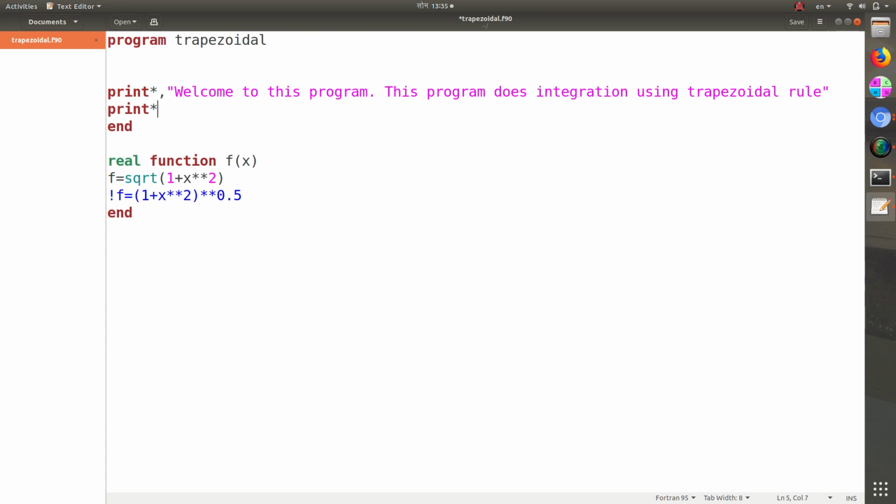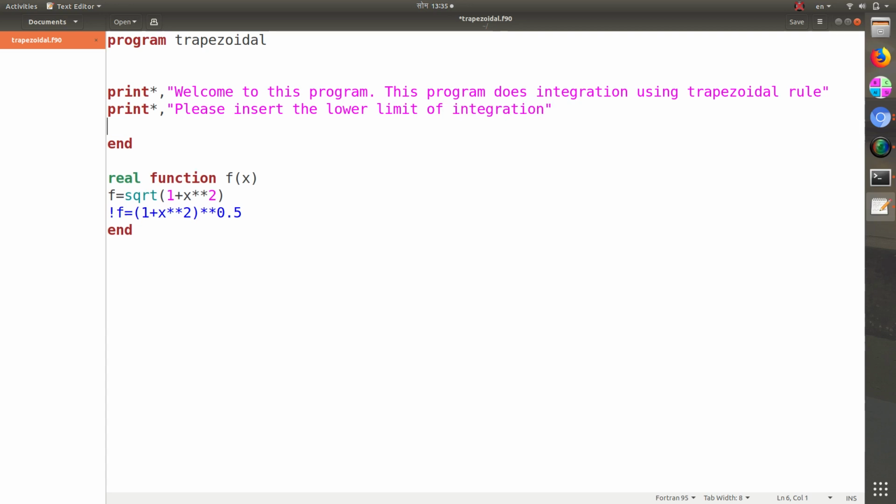Now we need to give the lower limit. Please insert the limit of integration. Okay, so the computer needs to read this. To do that, you already know this, read should be inserted.